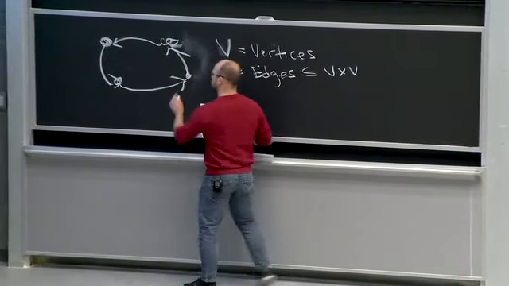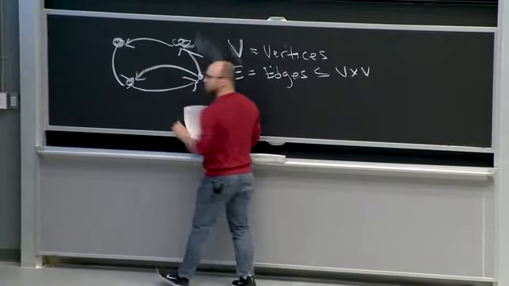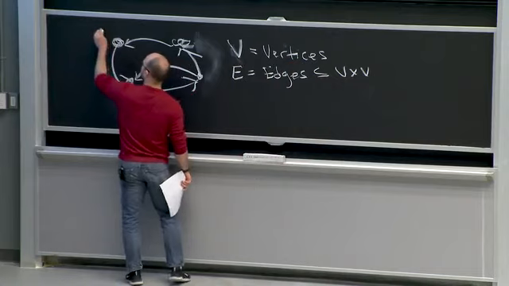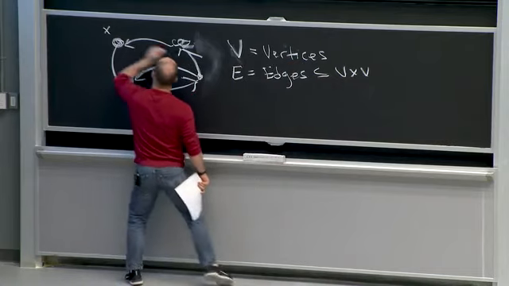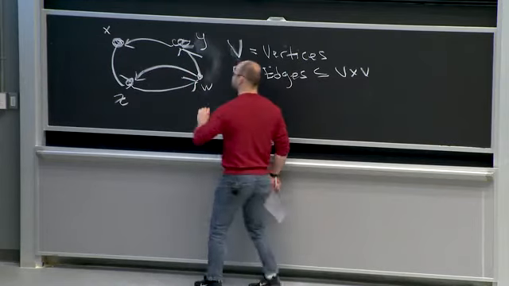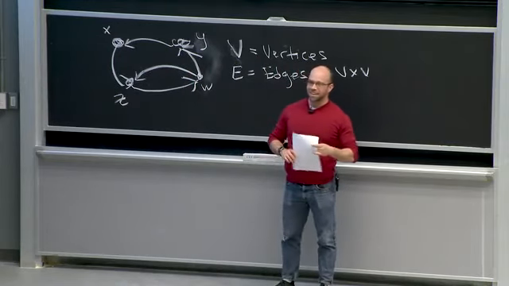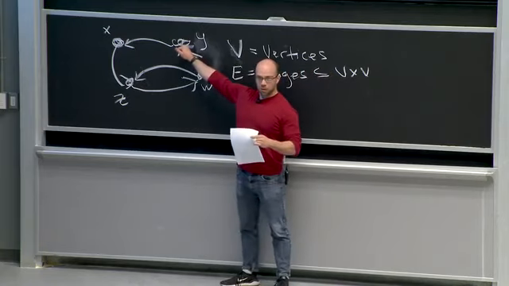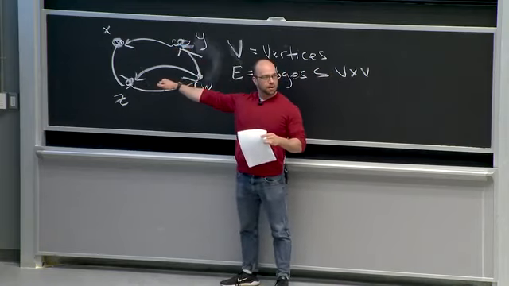Maybe make my graph slightly more interesting. So I'll add another edge going in the reverse direction. So maybe I have, I'm going to give my vertices labels, X, Y, Z, and W. Then we talked about the neighbors of a given vertex, which are the vertices that you can reach by following edges in or out of your vertex.